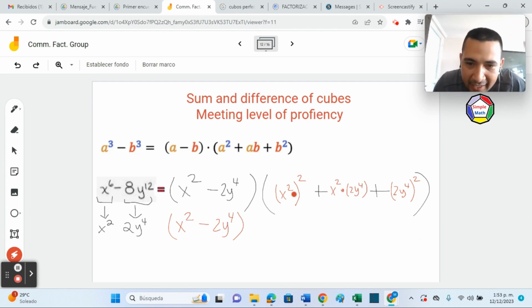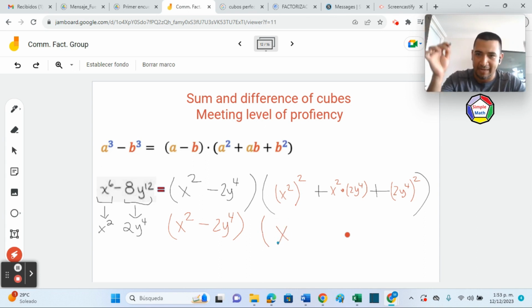Here I have x exponent 2 raised to the second power. According to the property of exponents, we multiply the two exponents to get the answer. So x exponent 2 raised to the second power is x exponent 4.